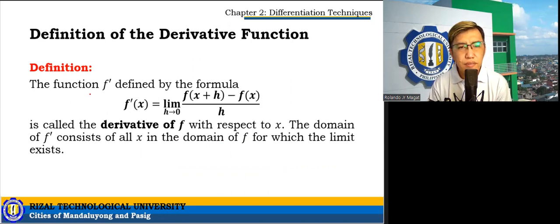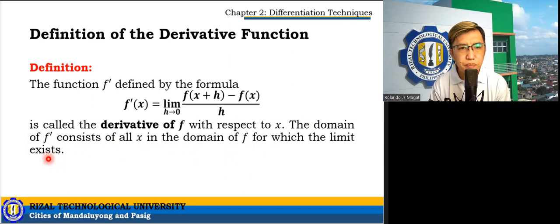The function f prime defined by the formula f prime of x equals the limit of f of x plus h minus f of x all over h as h approaches 0 is what we call the derivative of f with respect to x. Take note, the derivative of f with respect to x. And the domain of f prime consists of all x in the domain of f for which the limit exists.